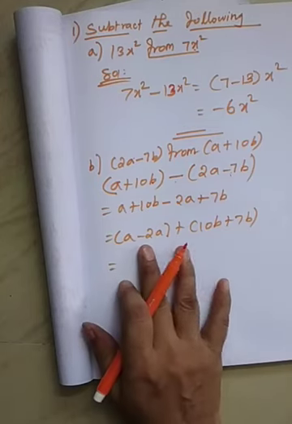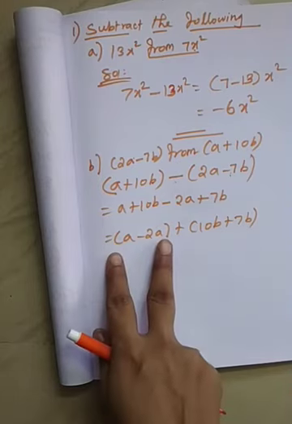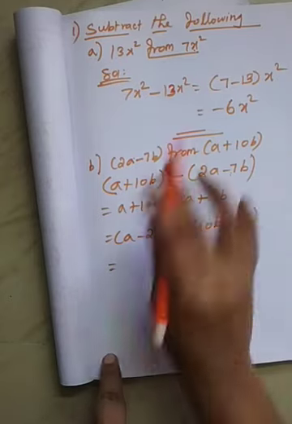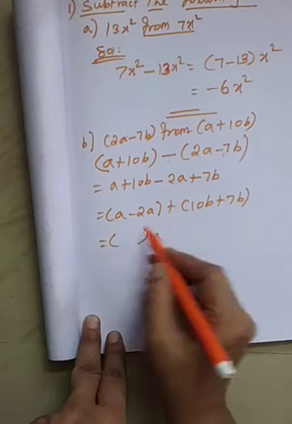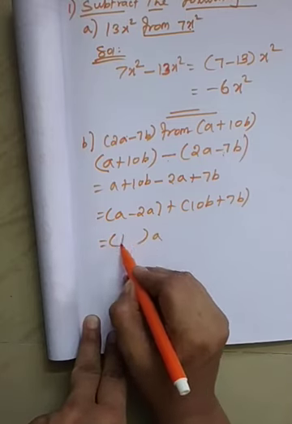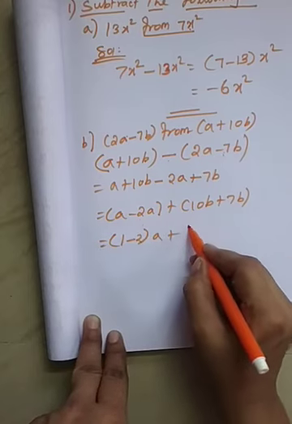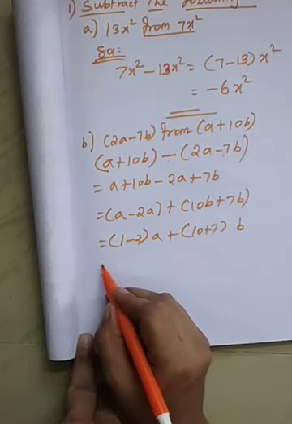So many students get confused in this one. In subtraction or addition you have to see first which one is largest. See here, a is the common value. Write the remaining value. What is that? 1 and then minus 2. Similarly b is the common value. Write the remaining value, 10 plus 7.